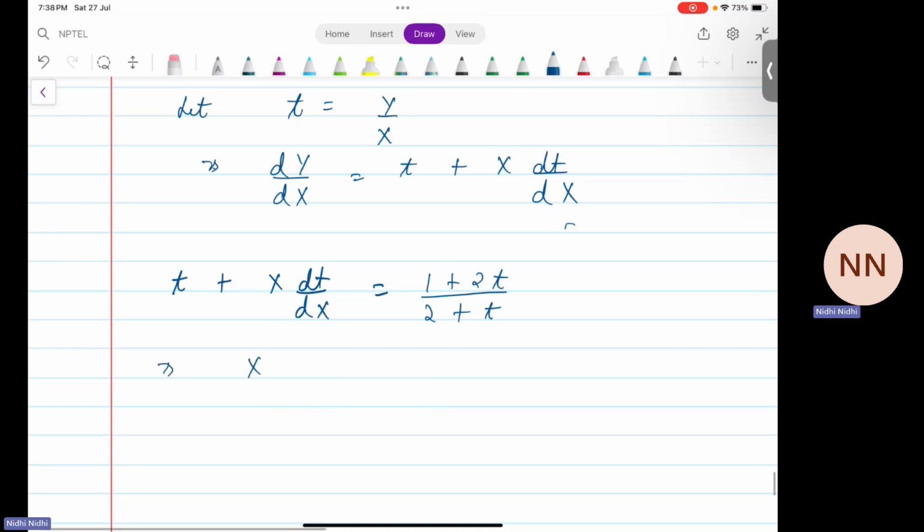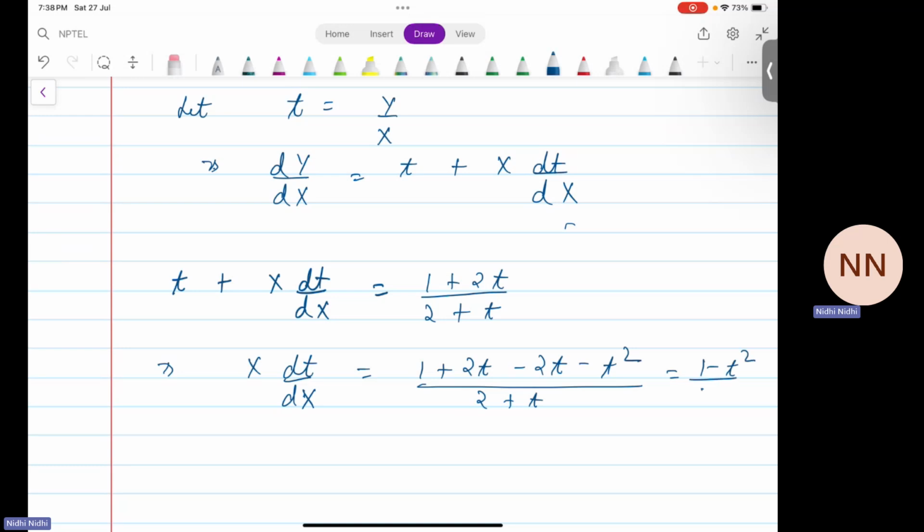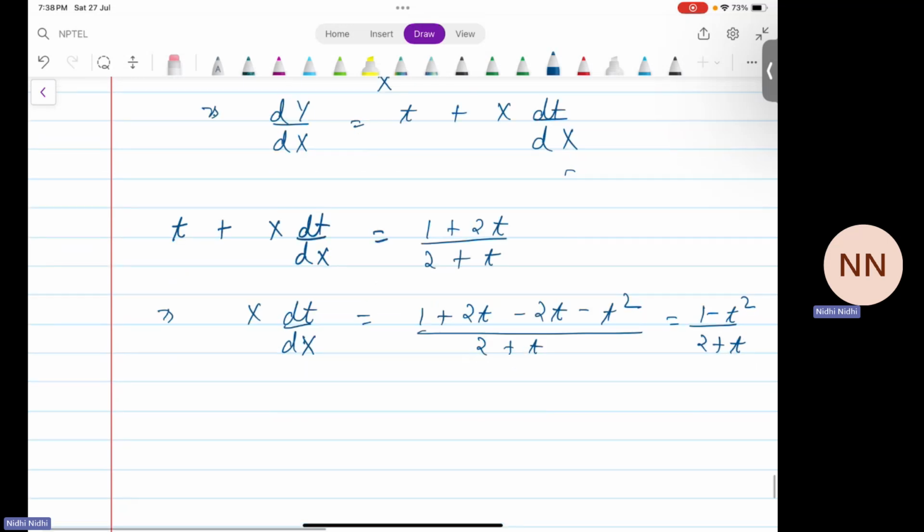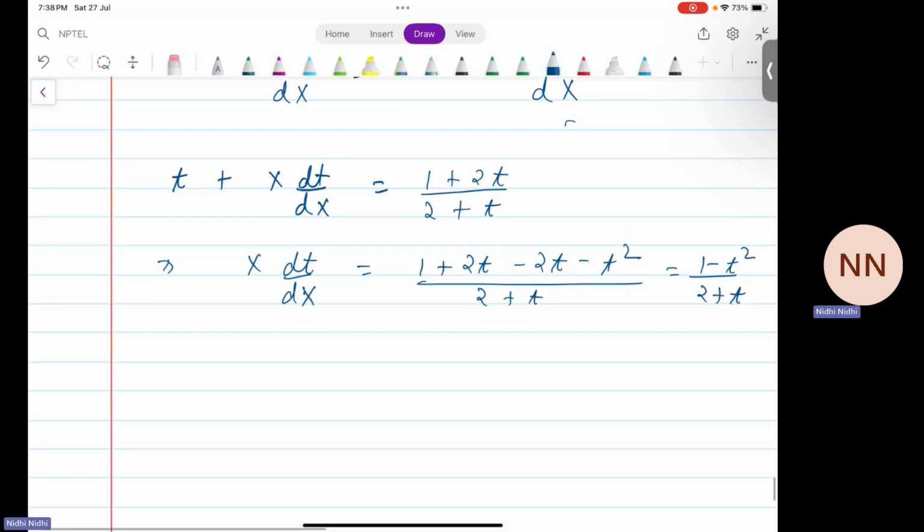This implies x dt by dx is equal to ((1 plus 2t) minus 2t minus t square) by (2 plus t), which is (1 minus t square) by (2 plus t). Again, we are in the framework of separation of variables. So we'll separate the terms involving variable x and variable t on either side.